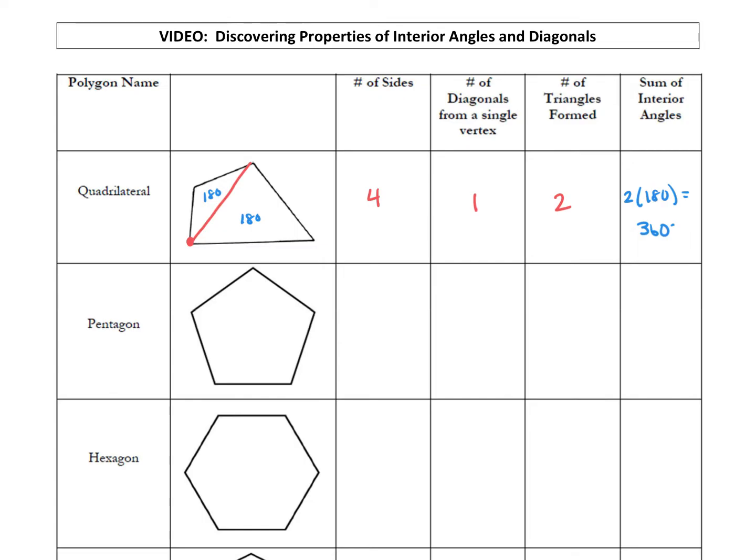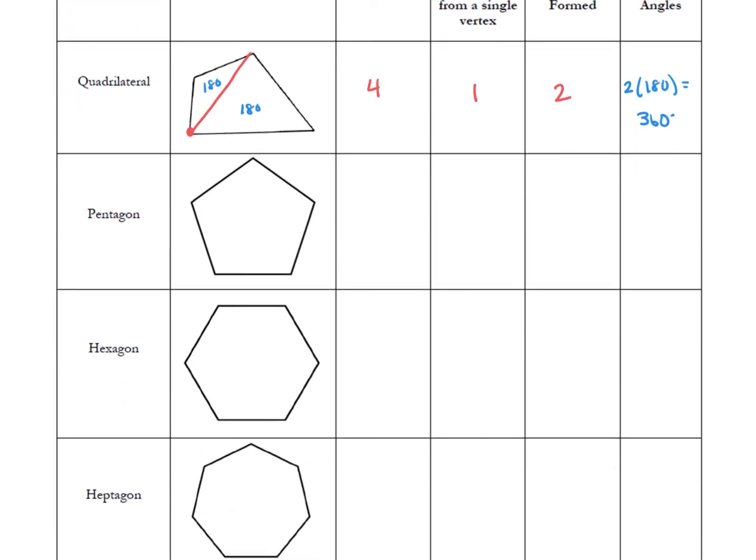All right, so this is going to start to go a little bit faster now that we've talked through what we're doing here. So a pentagon has 5 sides. If I pick a single vertex and draw in diagonals, I've got 1, 2 diagonals. How many triangles did that form? 1, 2, 3 triangles.